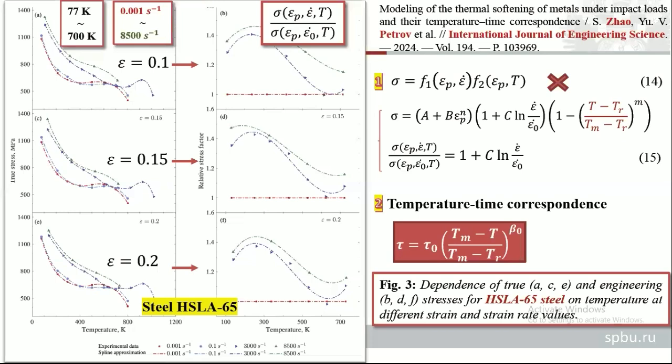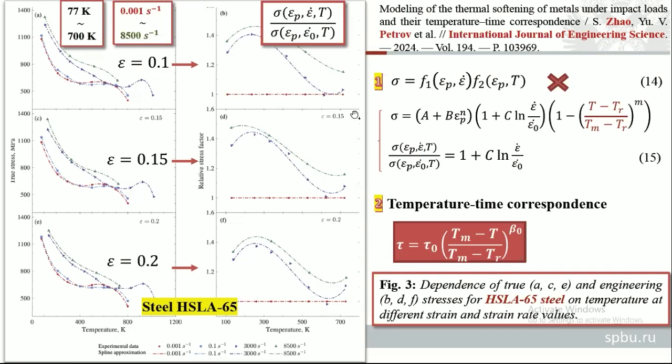And this slide explains why, in our opinion, this general multiplicative form 14 is unfortunately unsuitable for describing the stress responses of materials, especially across a wide range of both temperatures and strain rates.